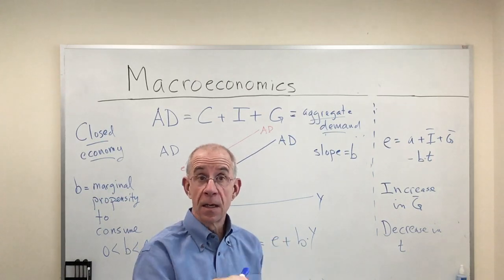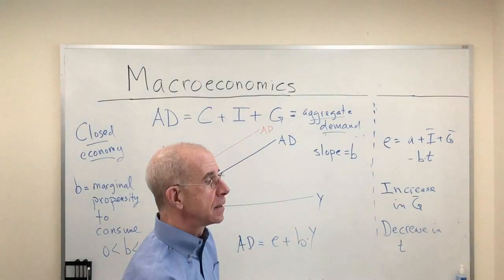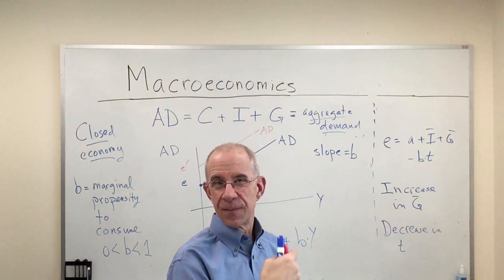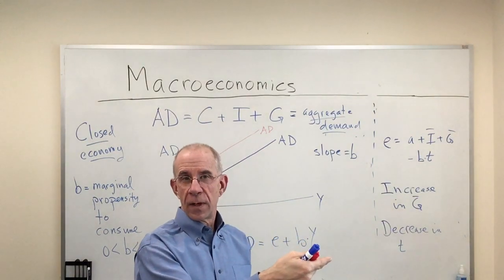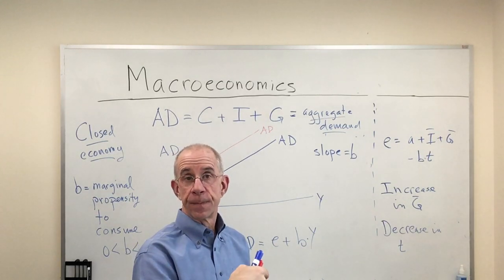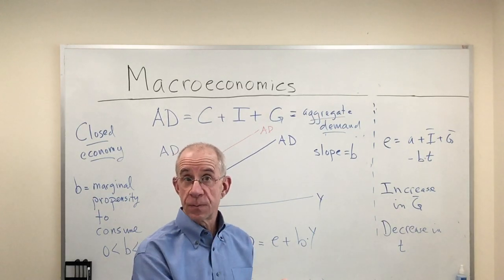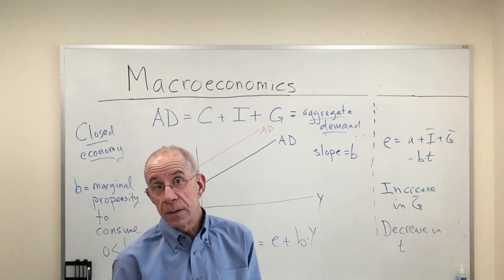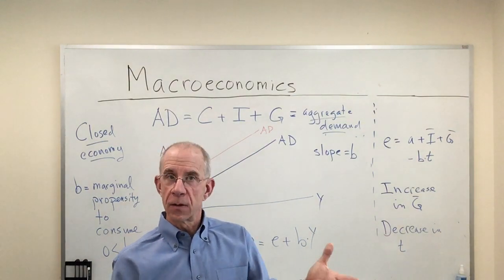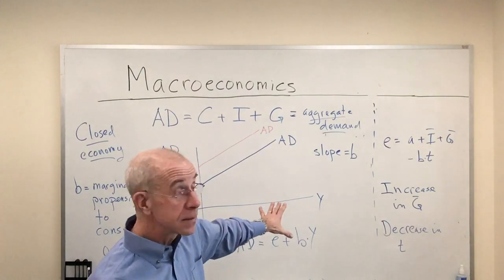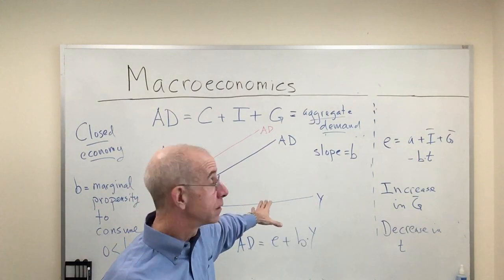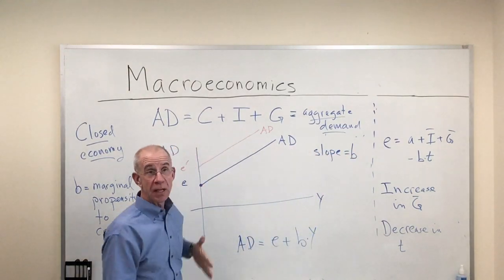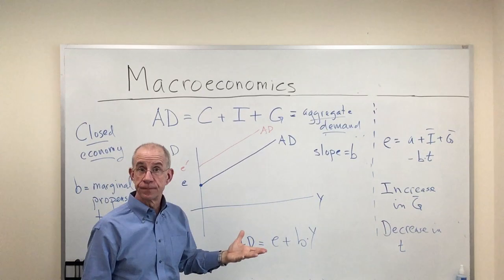So consuming today may be very different than, say, changing the way you treat investment so that you would have potentially more physical capital, more investment in new plants and new equipment. So in the long run, it could have different results. But at least in the short run, on this aggregate demand, an increase in G or a decrease in taxes shifts the aggregate demand curve in the same direction.